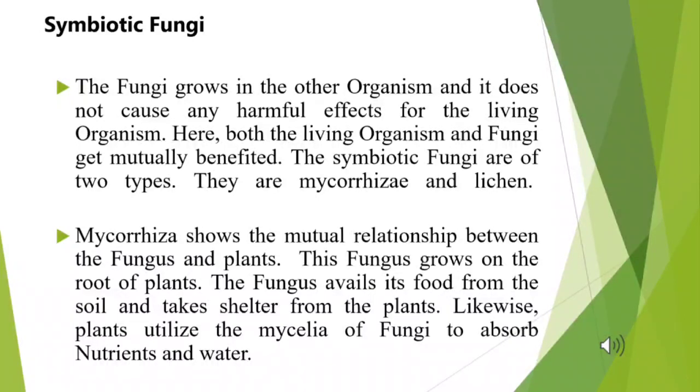Lichen is one of the best known air pollution indicators. Mycorrhiza shows the mutual relationship between the fungus and plants. The fungus grows on the roots of plants. The fungus gets its food from the soil and takes shelter from the plants. Likewise, the plant utilizes the mycelia of the fungi to absorb nutrients and also water.